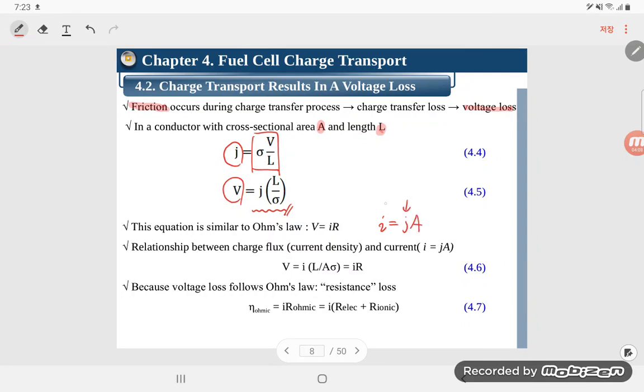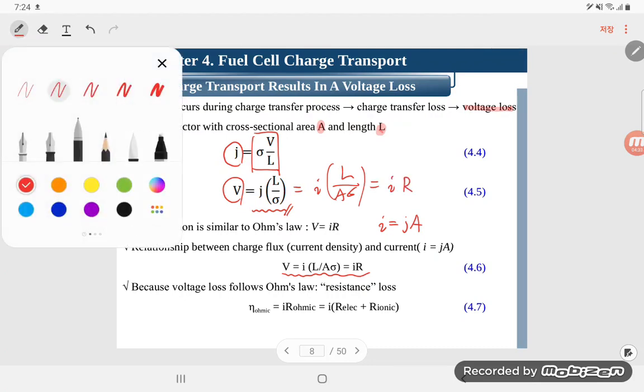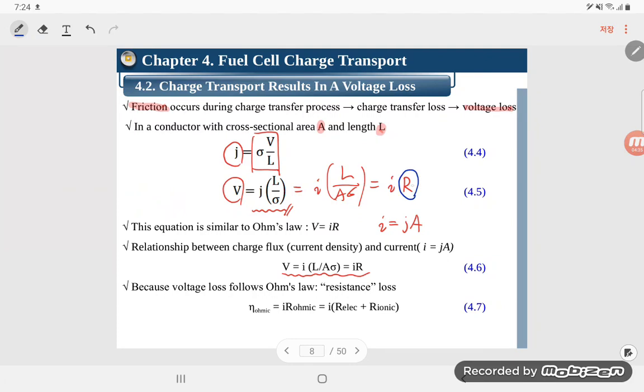This is the current density and this is current. So from this equation, we can derive J equals V sigma over L, and this is IR. So R equals L over A sigma.